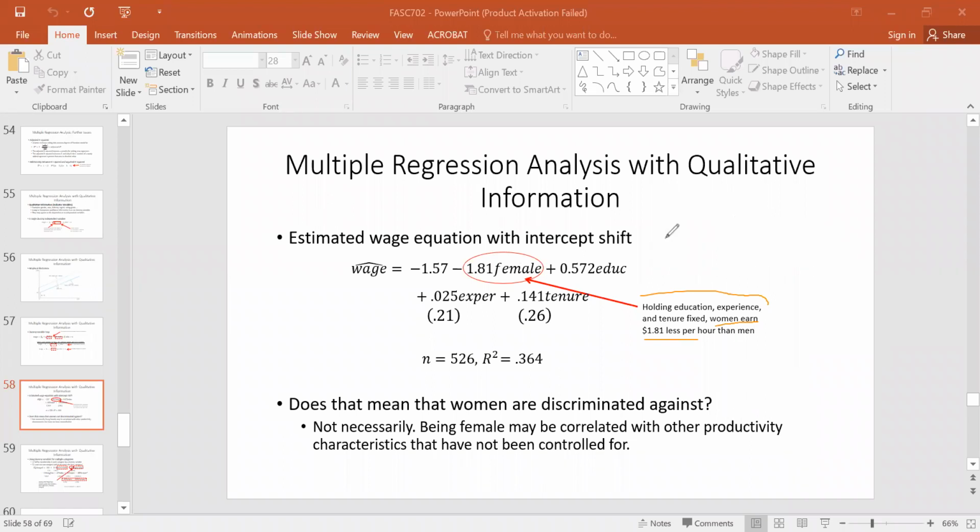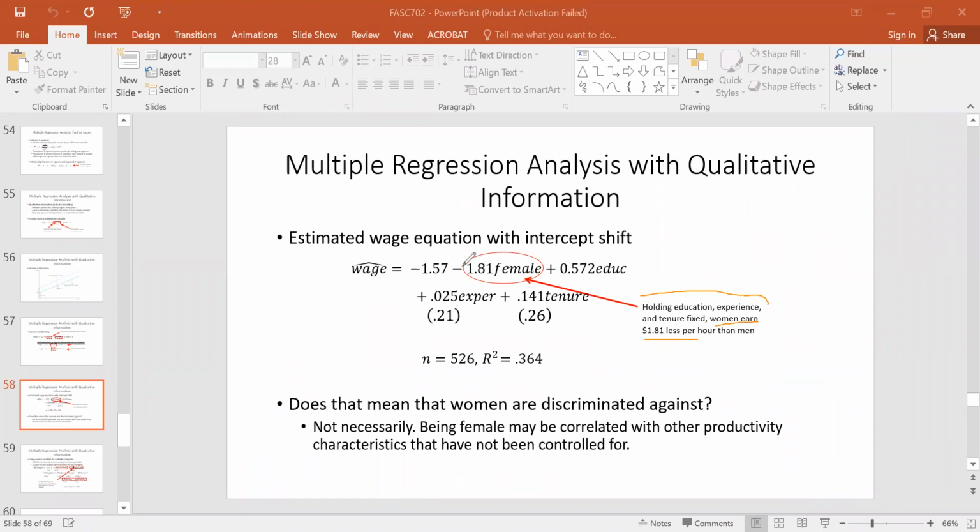So females or women earn $1.81 less than the base category, which is men. Okay, which some people might attribute to discrimination.